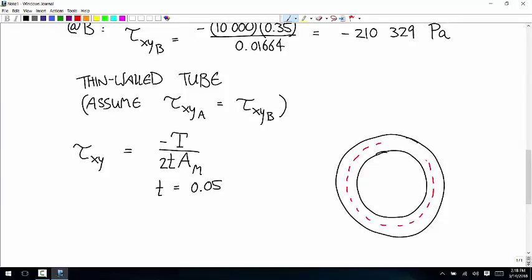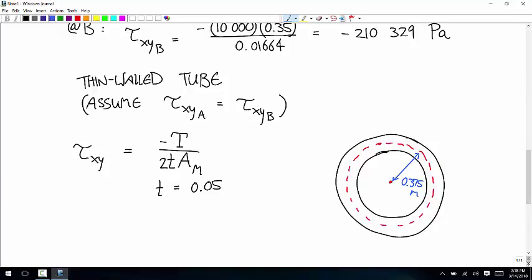So that's a circle with a radius of, this isn't 0.05. Oh yeah, it is 0.05. And then this would be 0.375. That's the radius to that median line.